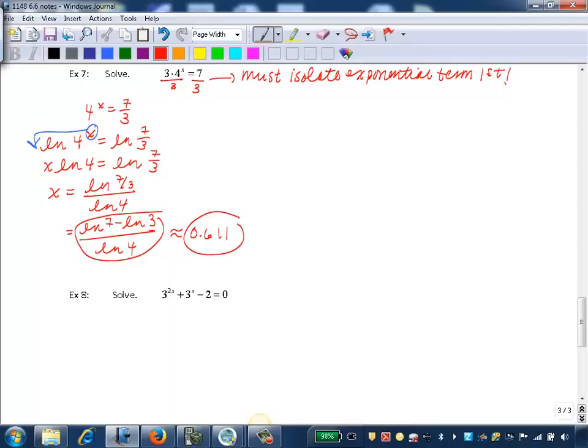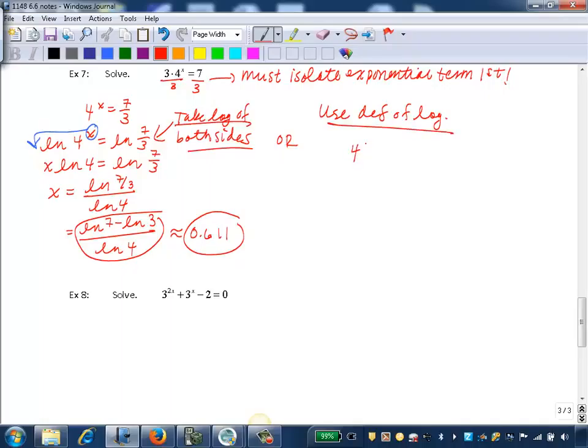Now, this is the method of taking log of both sides. Or we could use the definition of a logarithm to solve this equation.